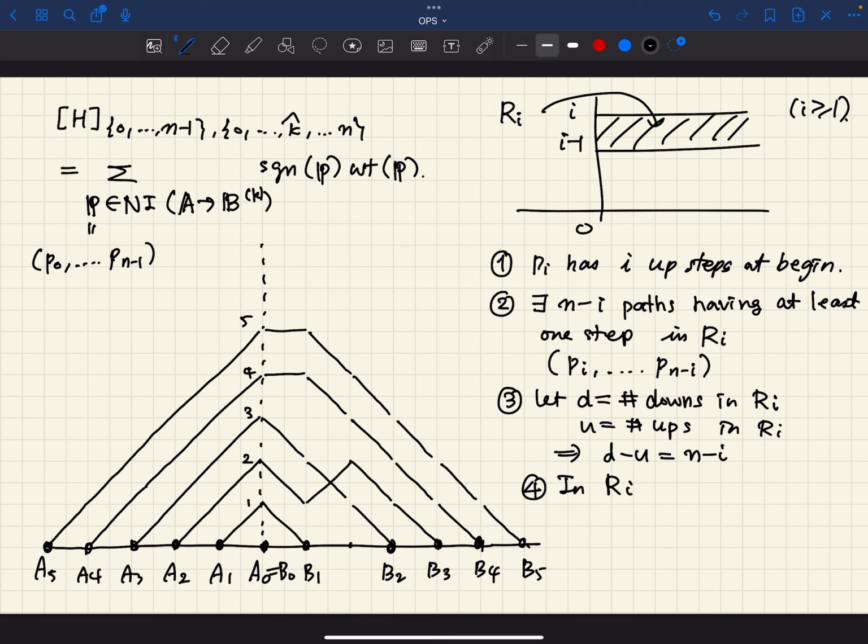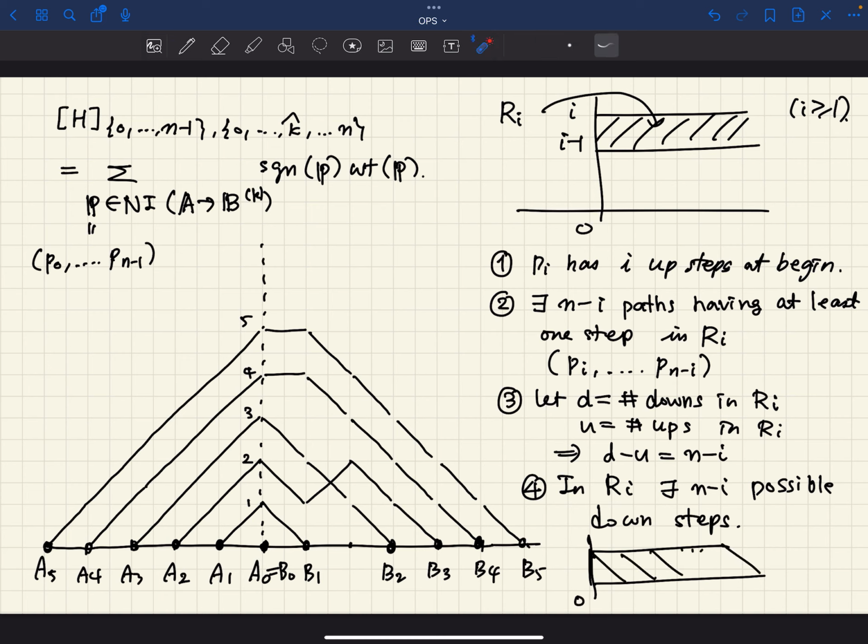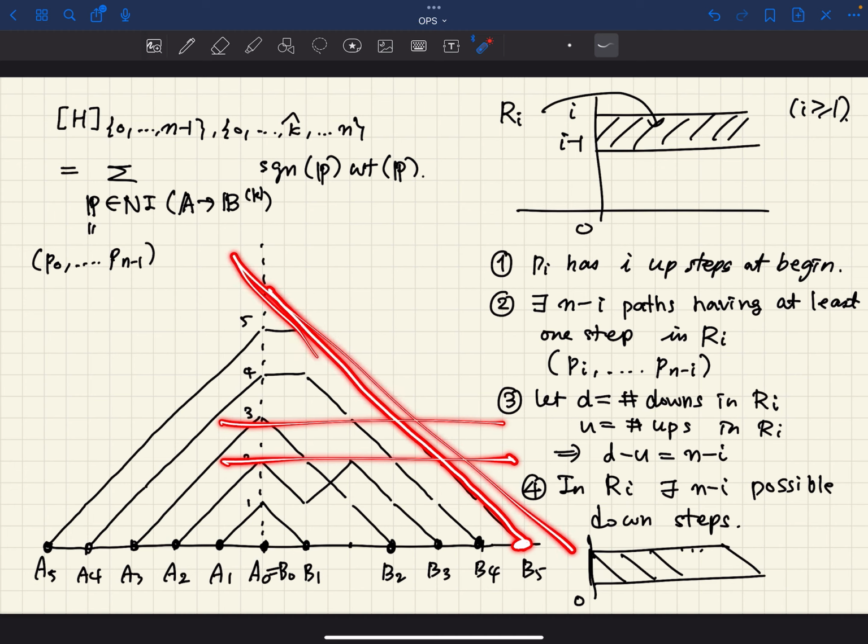In Ri possible, there are n minus i possible down steps, because you know that this is 0, 1, 2, 3, 4, something like that, because this is the farthest point that we can go, so we cannot really go beyond this line.